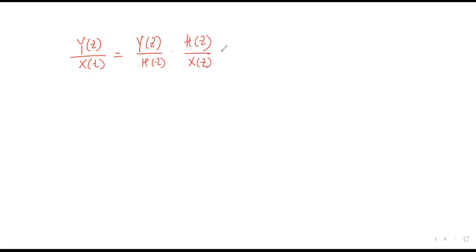The numerator comes first, that is b0 plus b1 z inverse plus b2 z to the power minus 2, and goes on up to bm z to the power minus m.